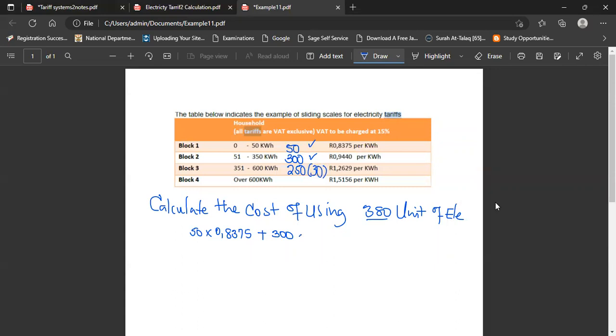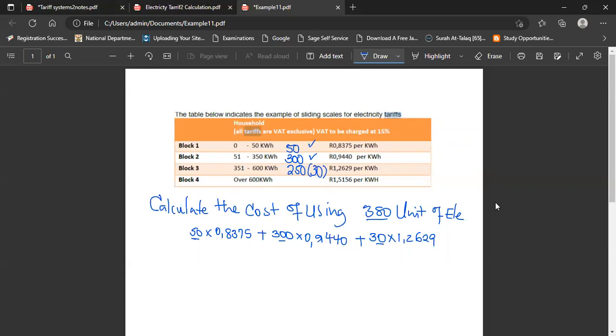So this is 300 because bracket number 2 is used fully, plus the 30 times 1,2629. So when you add the units, they should give you 380. This is 50 plus 300, 350, plus 30, you get 380.